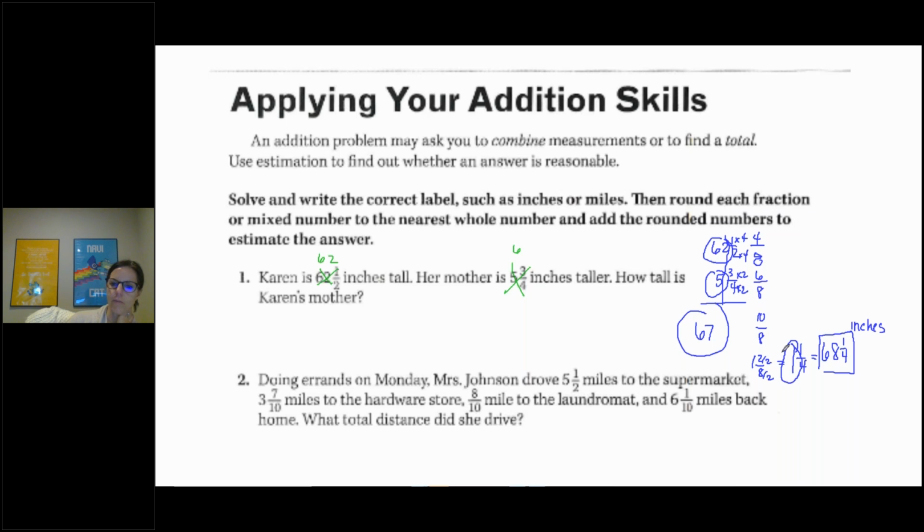Okay, reading the second one. You guys can read it quietly to yourself. I'm going to do the same thing. Okay. All right, I'm assuming you read the whole problem. What are you supposed to do with these fractions?